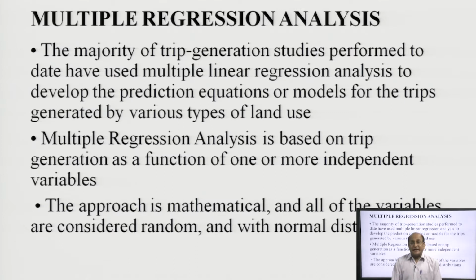Multiple regression analysis is based on trip generation as a function of one or more independent variables. The approach is mathematical and all of these variables are considered random and with the normal distribution.